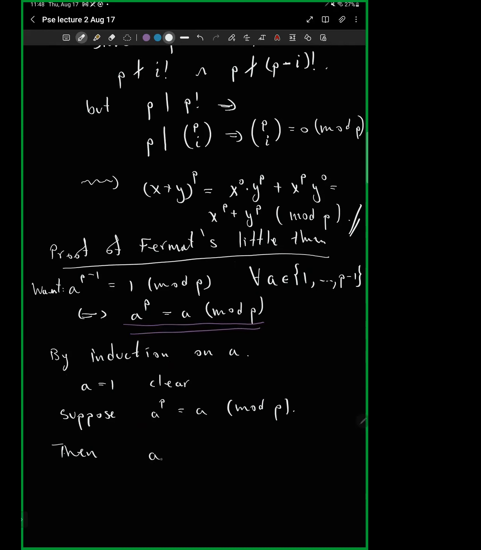But a plus 1 to the p, by the lemma, is a to the p plus 1 to the p. And by induction, a to the p is simply a. So I get a plus 1, because 1 to the p, of course, is 1, mod p.